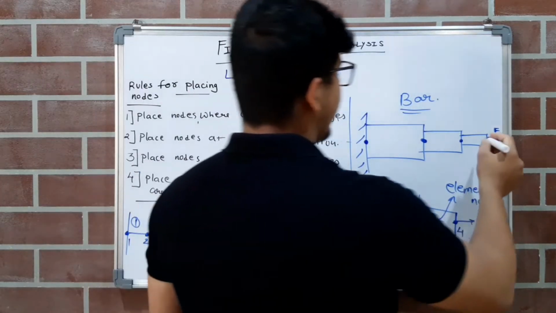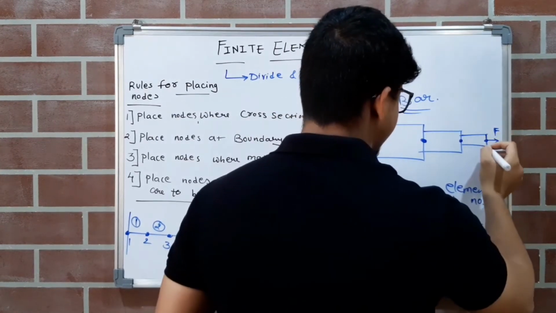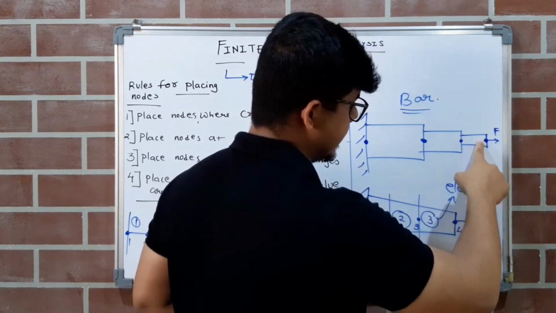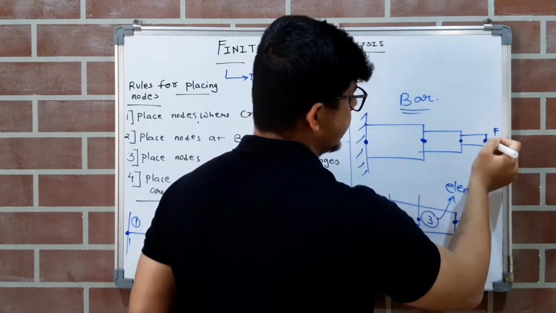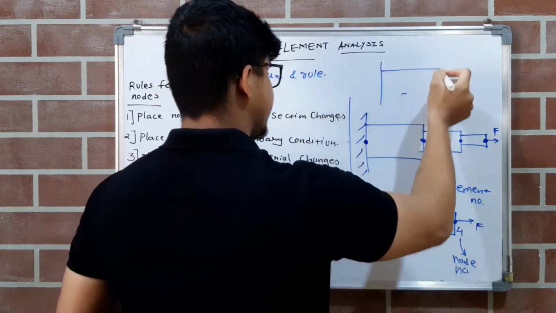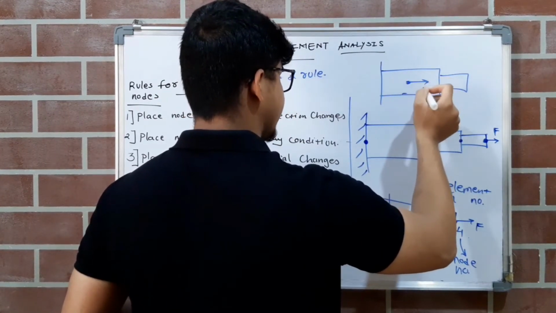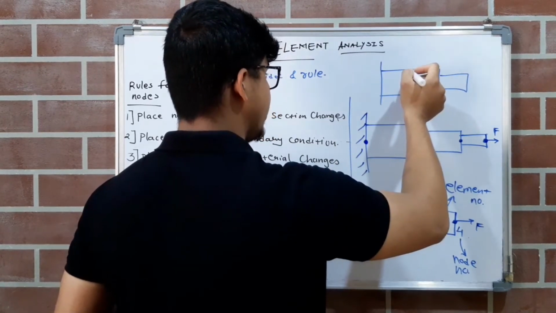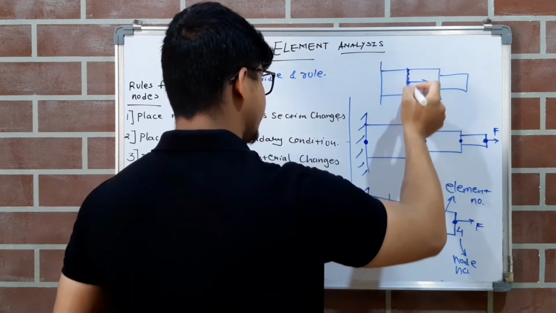Now here you are asked to find the stresses at this point, right? If you are asked to find the stresses at this point, then you have to keep the node at this point. Now for example, if the force is given like this in the question, then you have to keep the node here, meaning you have to discretize or divide this component at this point.